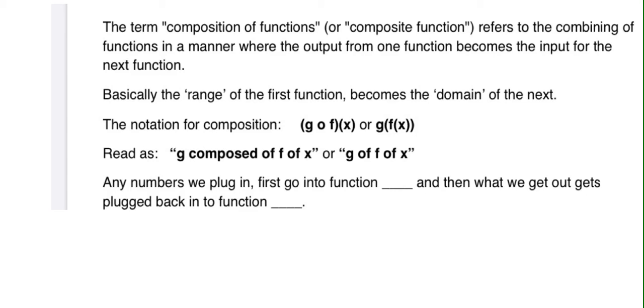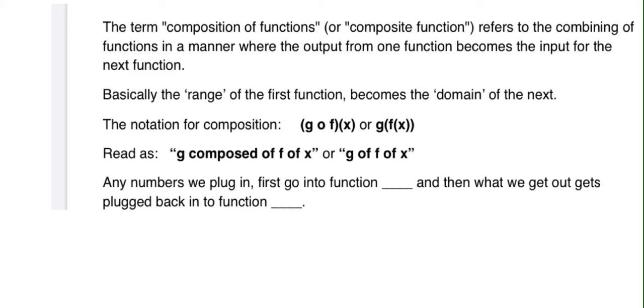Now we want to look at an overview of the terms. Composition of functions, or composite function, refers to combining functions in a manner where the output from one function becomes the input of the next function. What it basically means is that the range of the first function becomes the domain of the second.